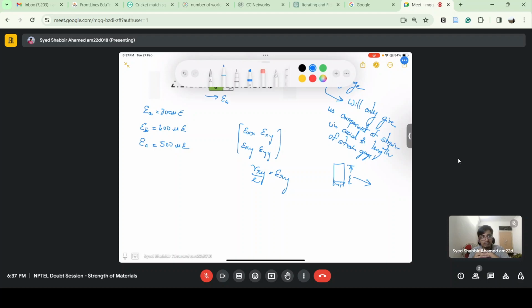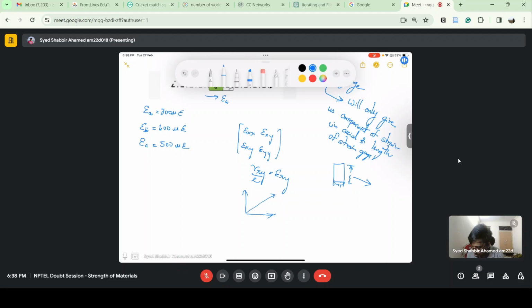Whenever we have strains given in different directions, let's say epsilon xx, epsilon yy and gamma xy, you know these three, but you want the strain along any random direction at an angle theta from the x-axis.